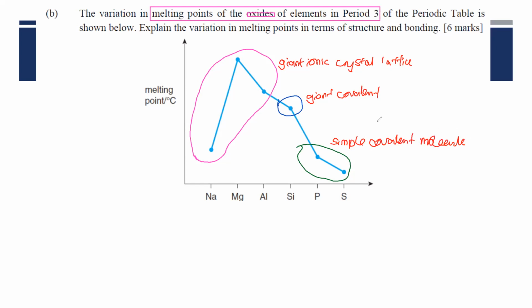Once you understand how they are structured, it will be easy for you to explain their bonding. So let's start from the giant ionic crystal lattice.